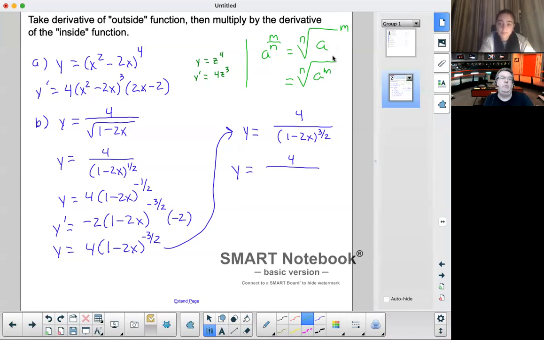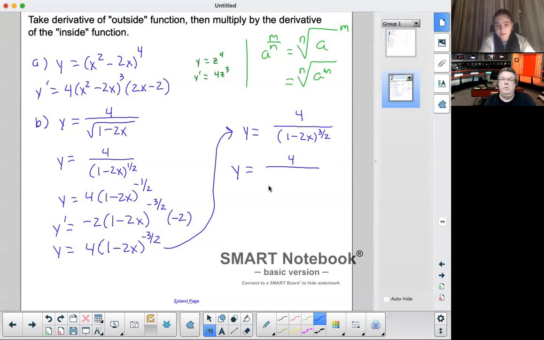So you'll see as you move forward when you're evaluating, if you have a 25, it's the square root of 25 cubed, which is actually sort of what's going to happen here. You don't want to cube 25 and then take the square root, right? Yeah. You would rather take the square root and then cube the result. So things like that. Okay, so now we can write this as, you want to try?